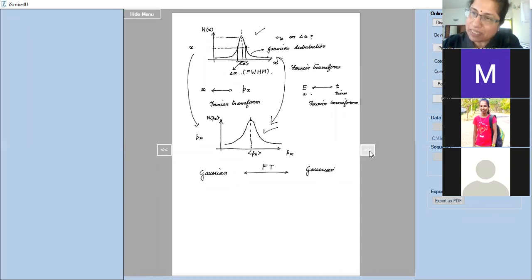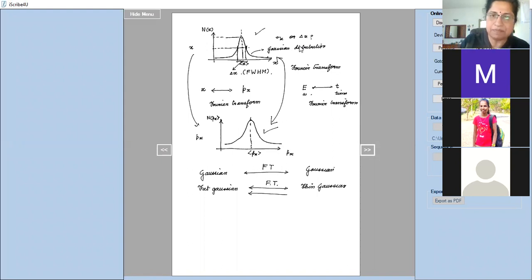The way Griffiths puts it, and I think you will understand and remember it, because I remember it best like that, is that a fat Gaussian's Fourier transform will be a thin Gaussian. Similarly, if you start off with a thin Gaussian, you will go back to a fat Gaussian. So what does that mean?